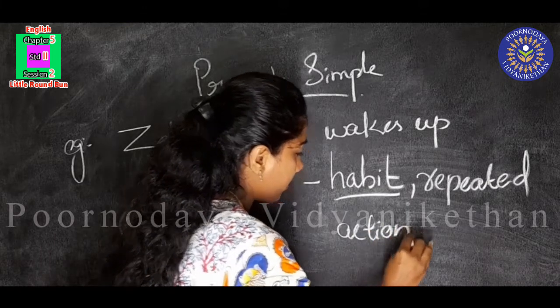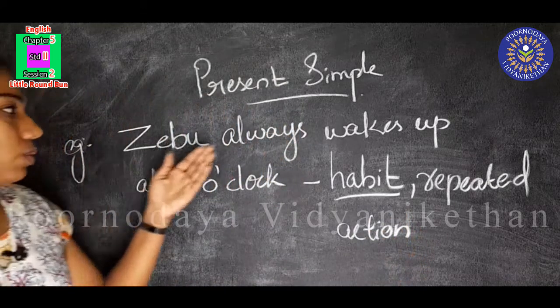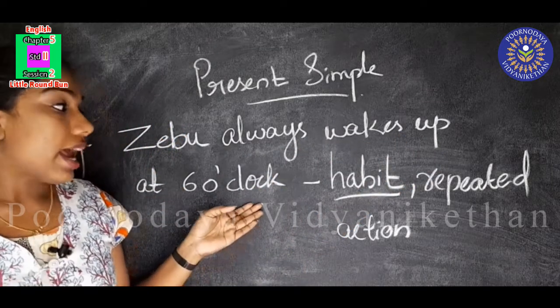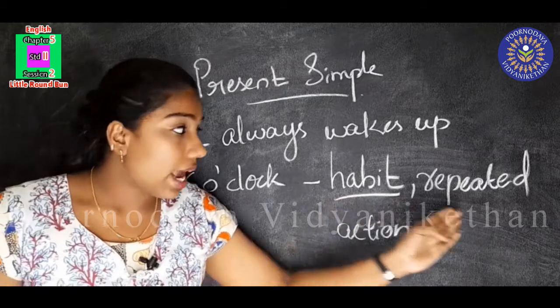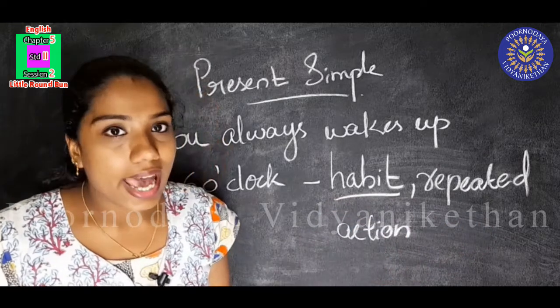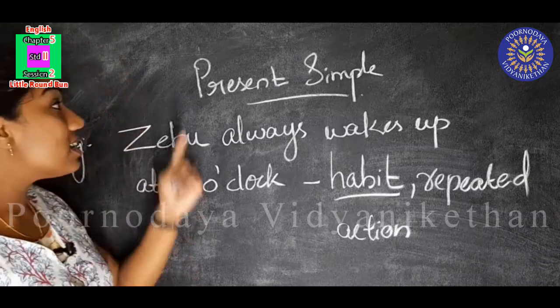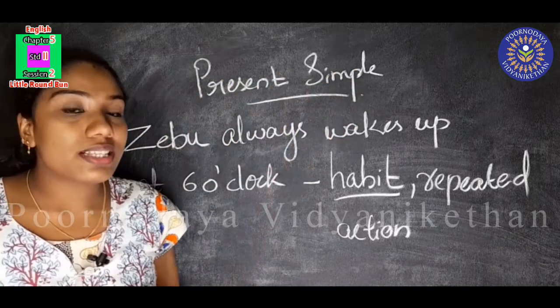Did you understand, children? So, Zebu always wakes up at 6 o'clock. It is his habit and it is a repeated action. So, what is the tense used here? It is present simple tense.